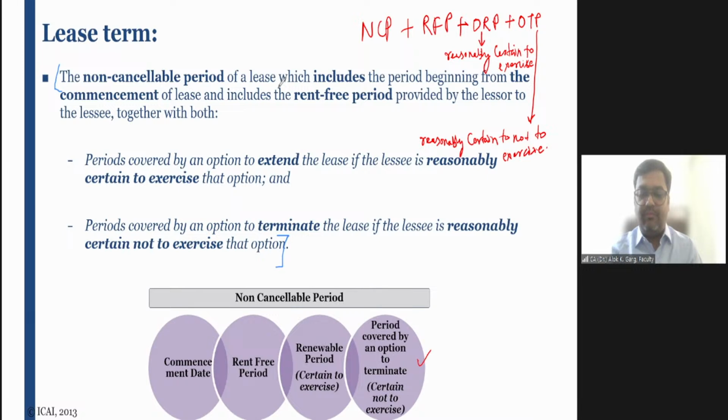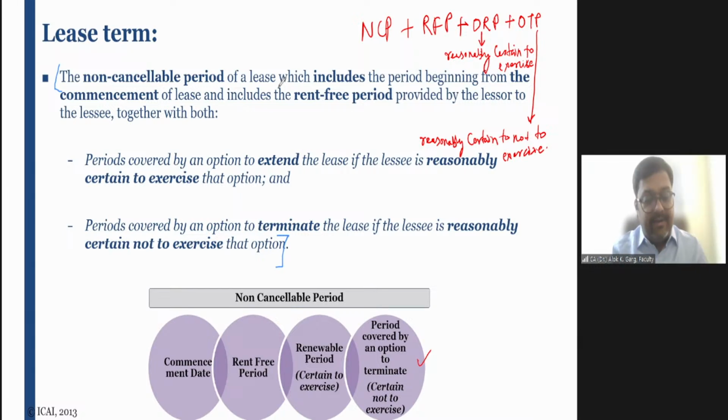The lessee has to renovate and construct, using this as a fit-out period. So this 6 months, 1st April to 30th September, is known as a rent-free period, right?